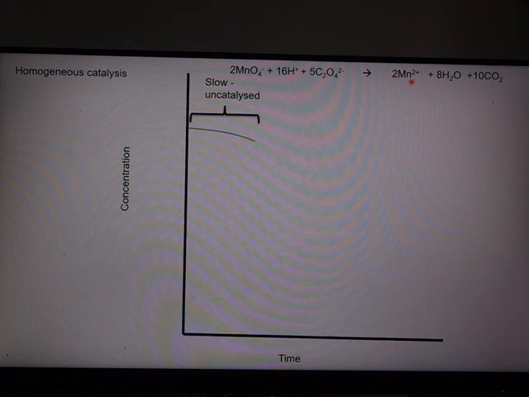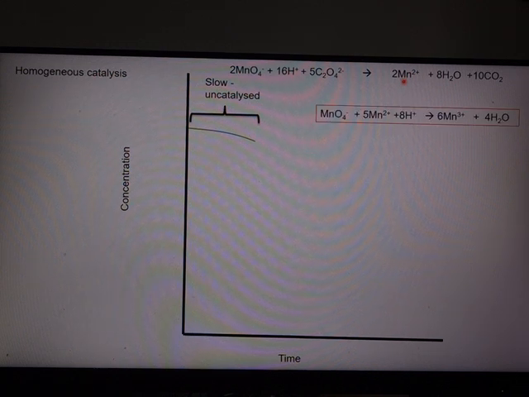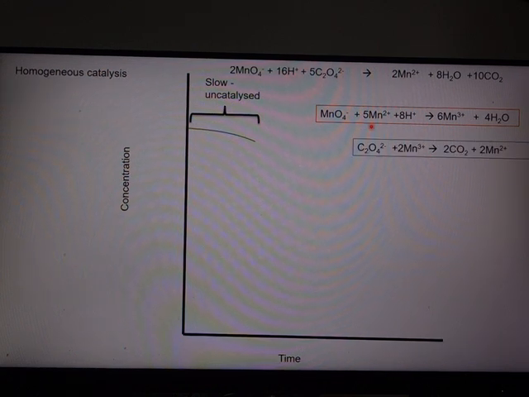But as soon as some Mn2 plus is formed, then the rate of reaction is going to increase, because it's going to act as the catalyst. So you have those two reactions coming on. Mn2 plus turns to Mn3 plus.